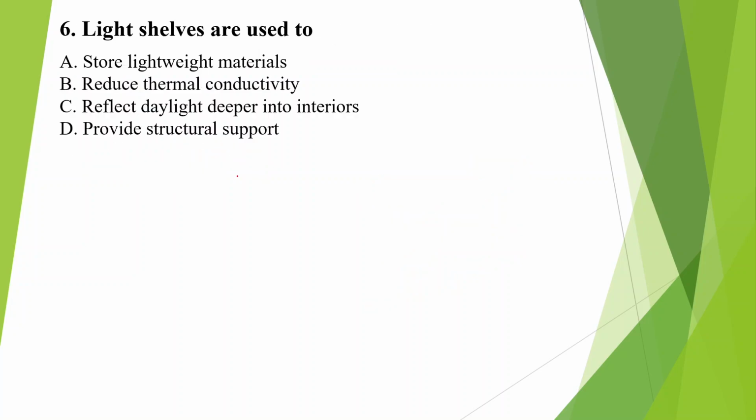Here is question number 6 for you all: light shelves are used to. This light shelves feature was also explained, and the main purpose of light shelves in buildings has been discussed. So based on that, try to give your answers for question number 6.